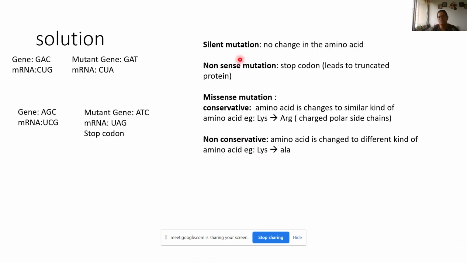In silent mutation, there won't be any diseased condition. In case of missense mutation, especially non-conservative missense mutation, these lead to various diseases. So, does anyone know some disease which is caused by a point mutation that leads to a change in the amino acid sequence? Some example?